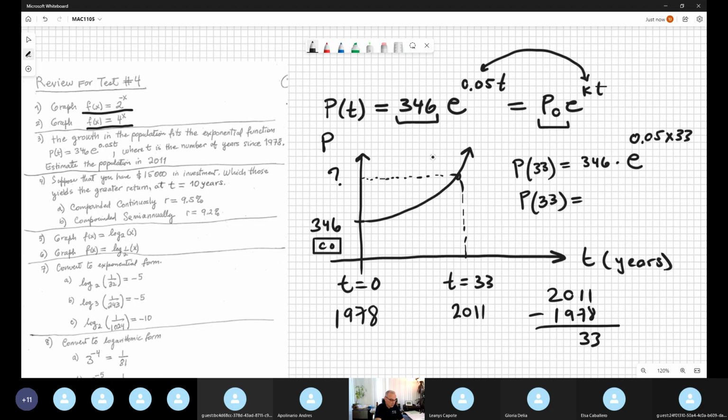I suppose you know very well how you find it in your own calculator, and you put inside the argument 0.05 times 33 and close the parenthesis to indicate that this is the exponent. Come on, everyone working, I need to know the answer.